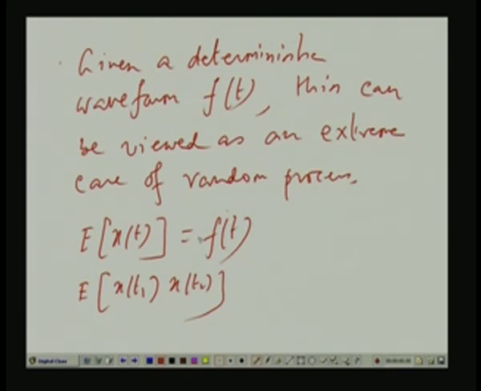So, if you multiply with the probability density and integrate, you will get only f of t1 into f of t2. This is a special case, an extreme case of a random process where the experimental outcomes yield the same function always. Put in a different way, given a fixed deterministic function, we can still view it as a special case of random process where all trials lead to the same function.